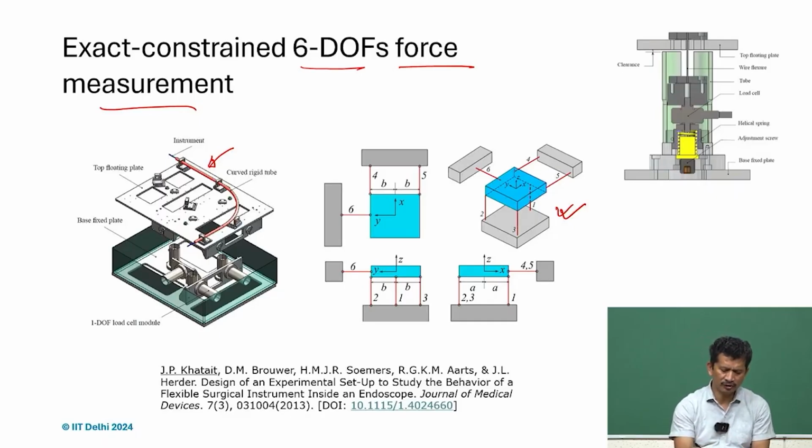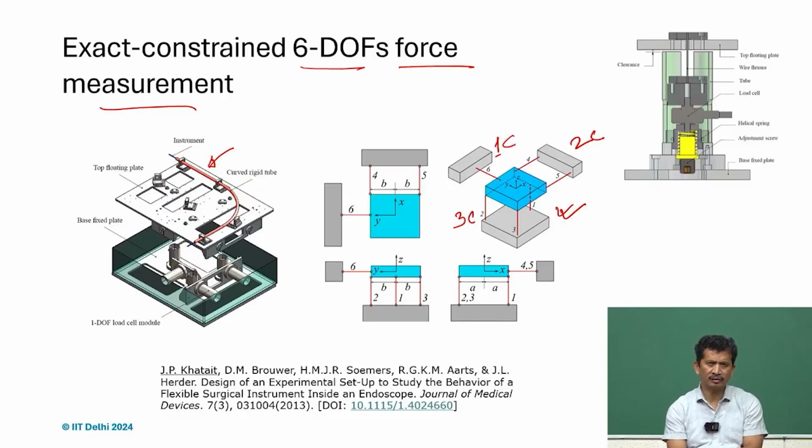Here I use 3 C's at the bottom. So, you constrain it in the plane, and then you provide another 2 and plus 1, 3 plus 2 plus 1, that is what is many times referred to, and that is how we can constrain all the 6 degrees of freedom, 3 translations and 3 rotations.